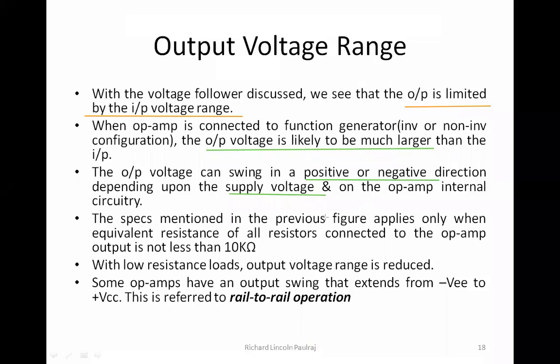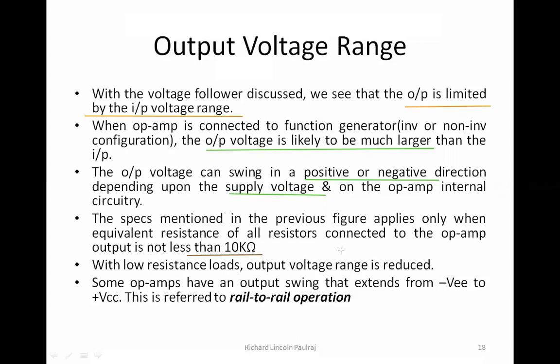The specifications mentioned in the previous figure are actually referring to resistors not less than how much? 10 kilo ohms. If I'm using resistors less than 10 kilo ohms, then the specifications that I have given there, which are about 14 volts, 13 volts, all that will tend to change.